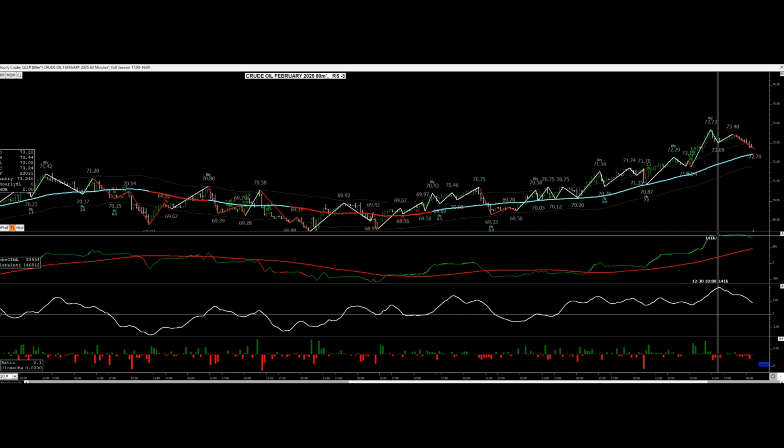With higher bases, just like price has, supposedly in their model, higher pullbacks, higher high, higher low, higher high, higher low. Volume has higher bases.